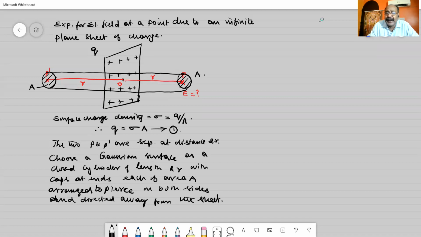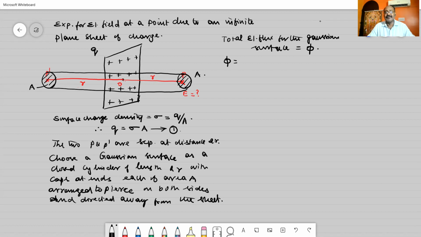Now I have to calculate the total electric flux for this Gaussian surface. The total electric flux for the Gaussian surface is generally represented as phi. According to our formula, when you are considering the Gaussian surface, we have two parts.